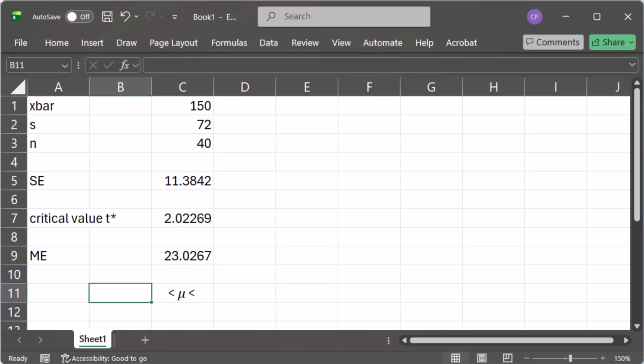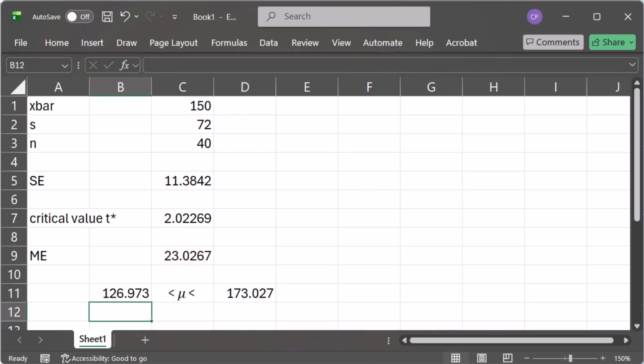And then for my interval estimate, I've left a little label or space here in the center for mu, and the lower bound would be equals, I'm going to take the x bar of $150 and subtract the margin of error. This margin of error would also be a dollar amount. And then for the upper bound, I'm going to take the x bar plus the margin of error.